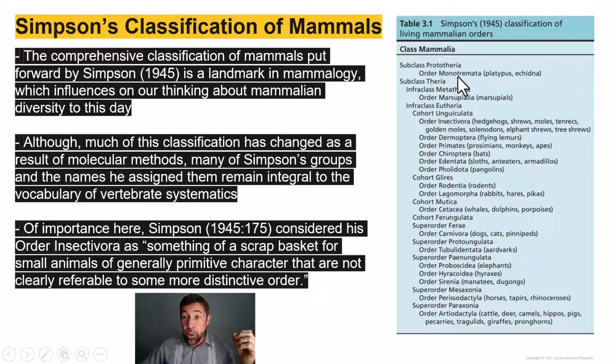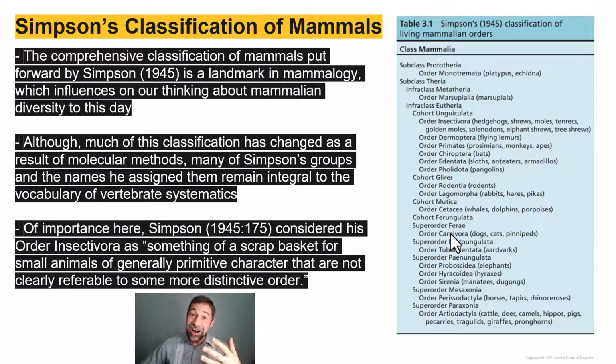As you may recognize at right, many of the orders that George Gaylord Simpson described are still in use today. So he recognized the order Monotremata, the marsupials, the primates, the Chiroptera, rodents, lagomorphs, carnivores, so on and so forth. So these orders have survived decades of subsequent research. So George Gaylord Simpson didn't have next generation sequencers, okay?